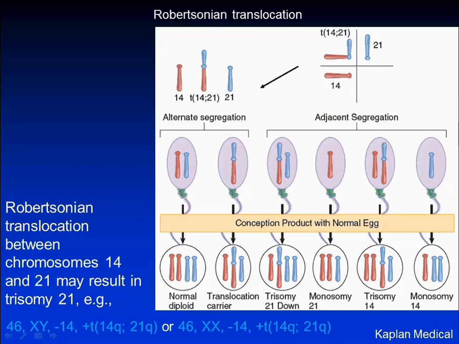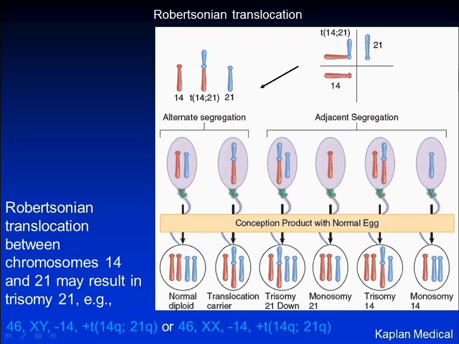For adjacent segregation, chromosomes from adjacent quadrants enter the gametes. For example, these 2 chromosomes enter one gamete and this chromosome enters the other one. Alternatively, these 2 chromosomes enter one gamete and this chromosome enters the other gamete.